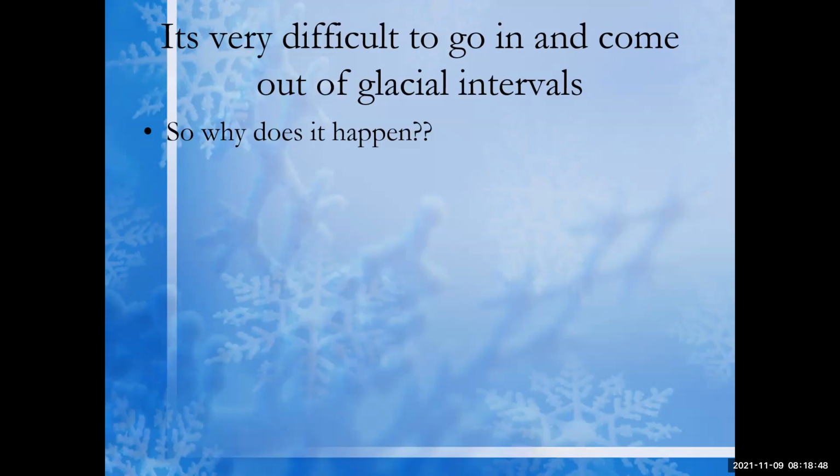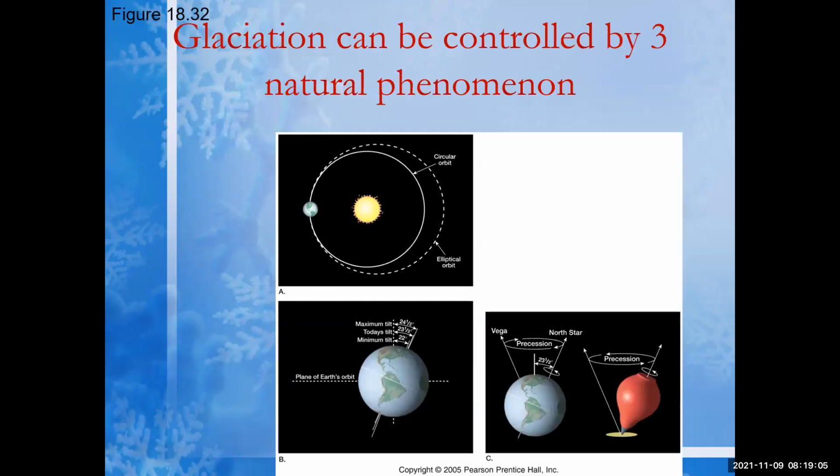But most certainly that's been the case since long before we started introducing large amounts of CO2 to the atmosphere. So there's got to be something natural that's happening, and there most certainly is. And those natural phenomena are these three factors.